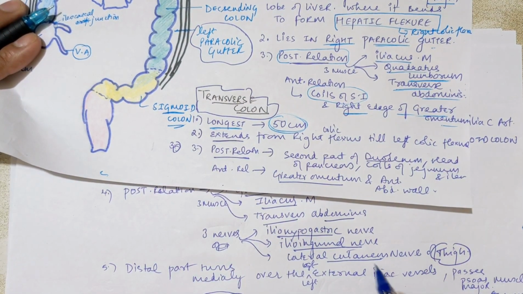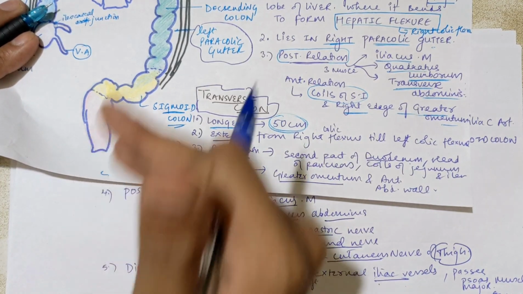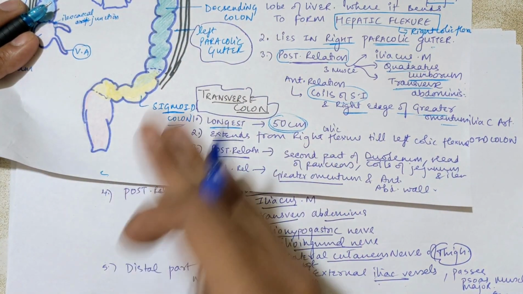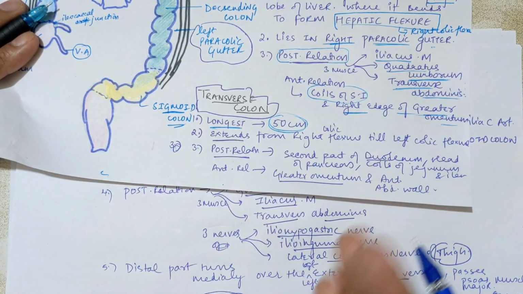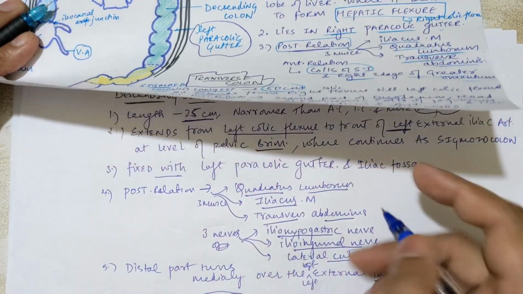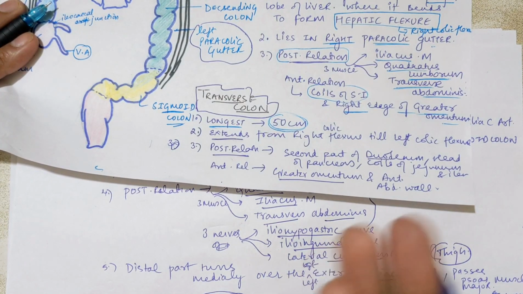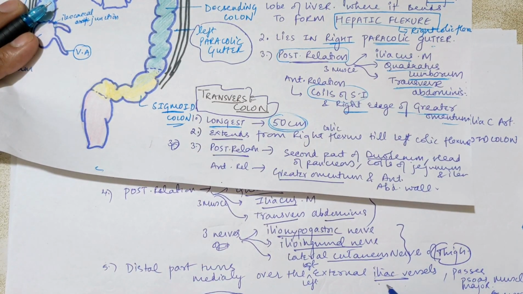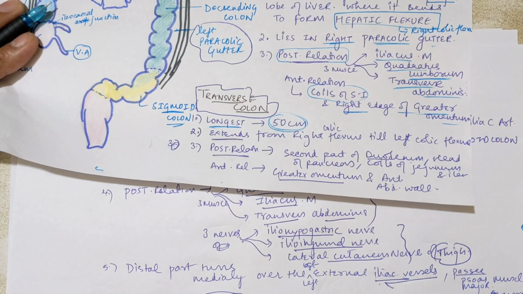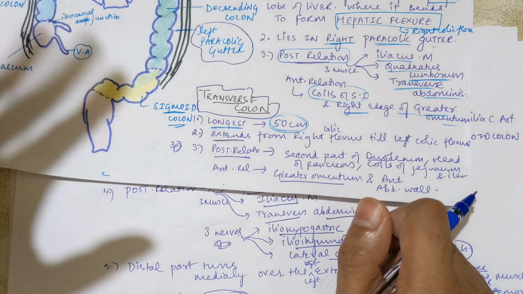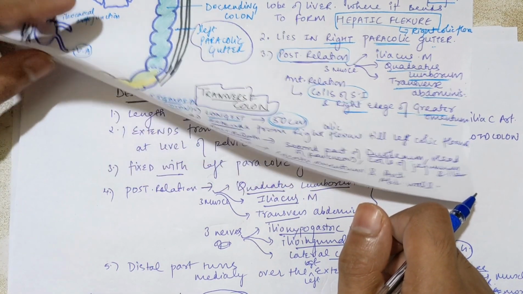These are the major structures that will be crossing medially, okay, on the distal aspect. That's descending colon. Clear? So this is the topography, how it will be passing, what will be present in front, what is present on the posterior side. The muscles I have told you. These three muscles and these three nerves will be present on the posterior side, and somewhat on the medial it will be crossing. Vessels like external iliac vessels, femoral nerves will be there, and the psoas major muscle. Clear? So this was actually your descending colon. Till here we have done.